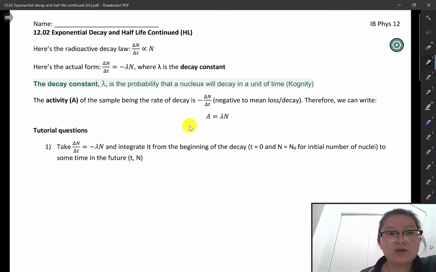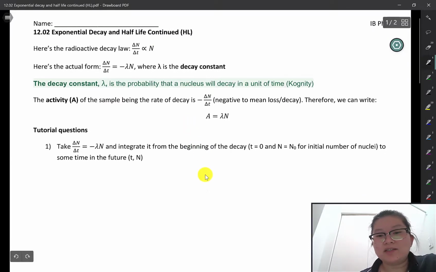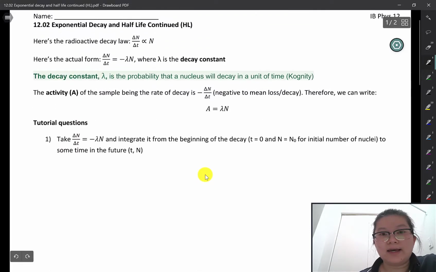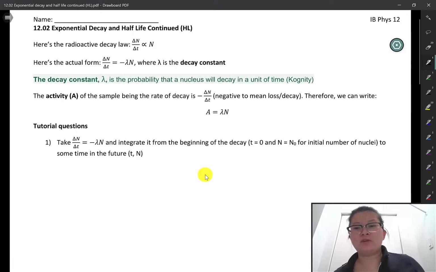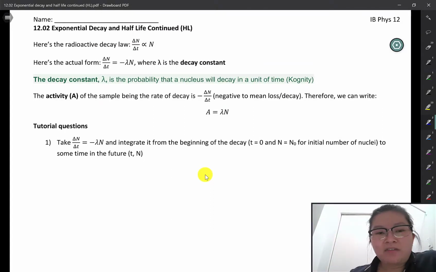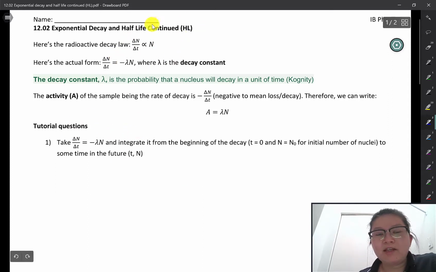So if you want to, you could just listen on to the first part. The second part, since it's the calculus portion, I believe that is optional for the exam.